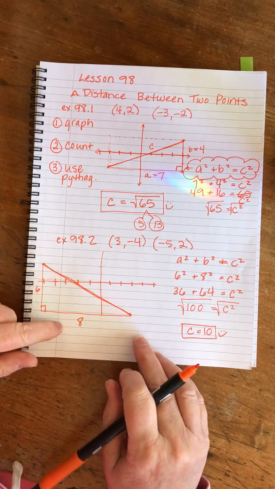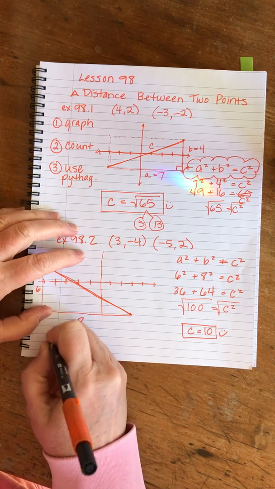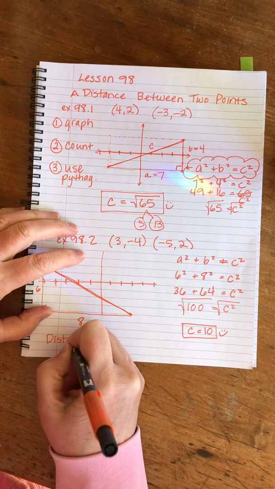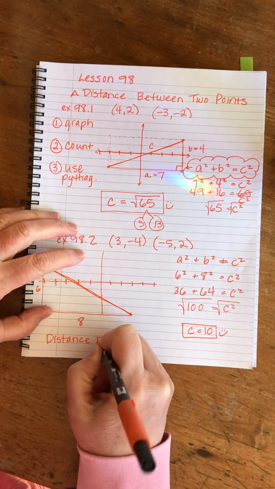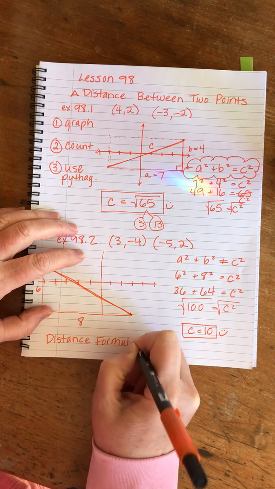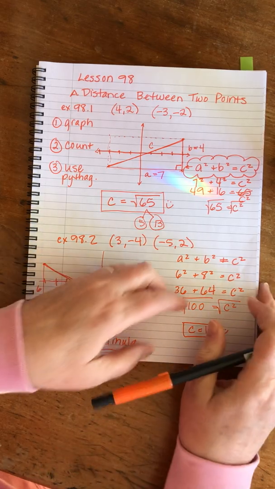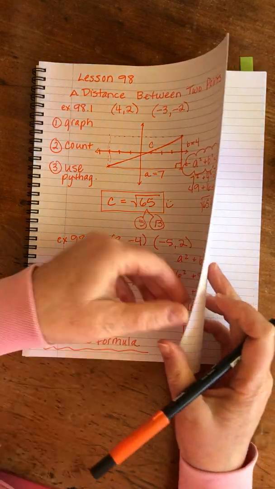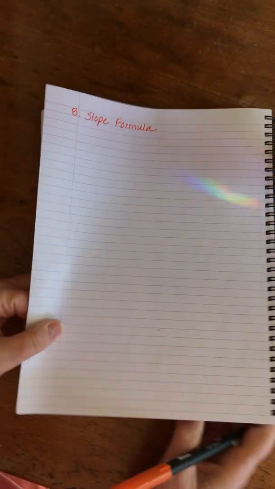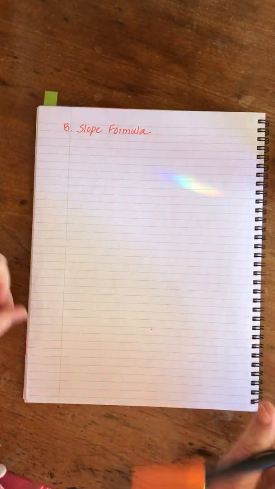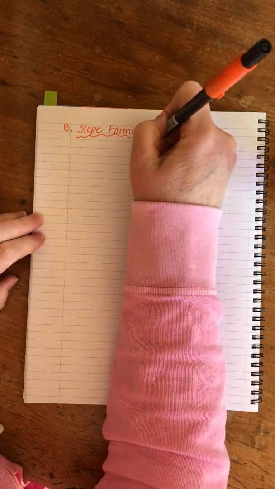So the distance formula will help us next year do this in a simpler way. That will be called the distance formula to find the distance of a line like that. But what we're going to do now is talk about how to find the slope of that line, right?